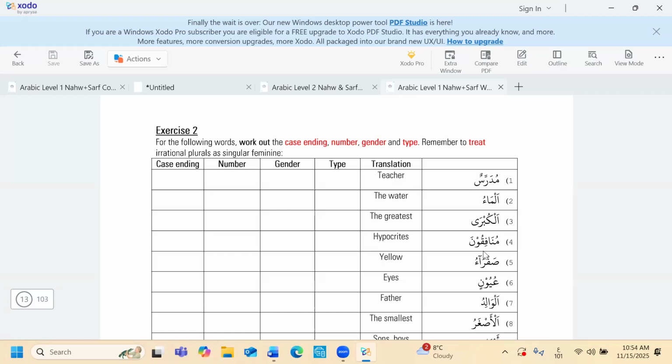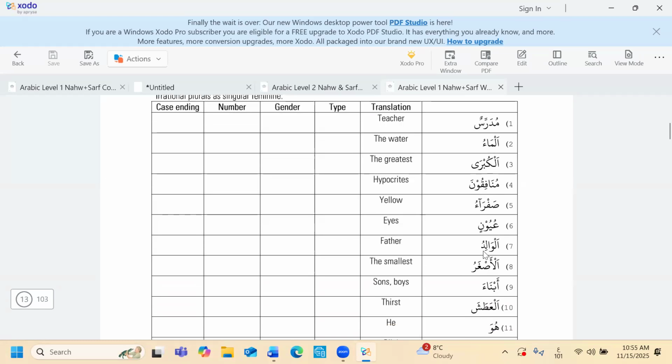Case ending, is it rafa, is it nasb, or is it jar? Rafa because of the una ending. Number, plural. Masculine. And is it definite or indefinite? Indefinite. Yeah, indefinite. Good. So those 2 were the easy ones.